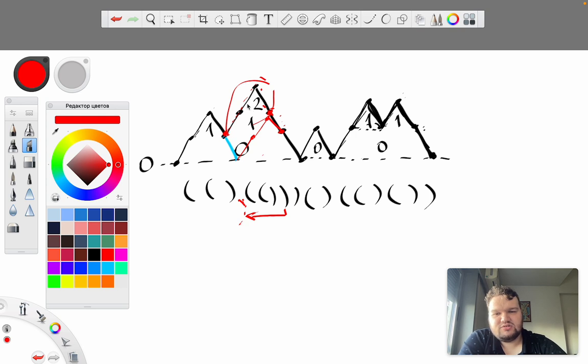That was not a great example because these points are on the same height. But if I move it here, for example, we will still get this thing, and so we will move this thing one down, but this part will remain here.